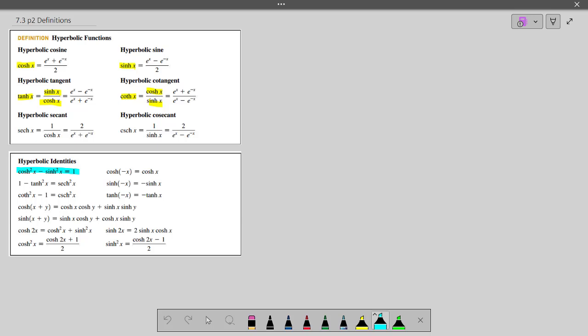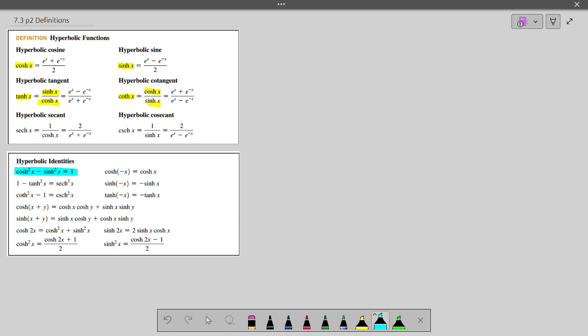This primary identity for hyperbolics is going to lead to these other two identities, just like in the circular functions. That primary Pythagorean identity led to the other two. You divide it by cosine squared or sine squared, and you got the other two. So there is that parallel here.